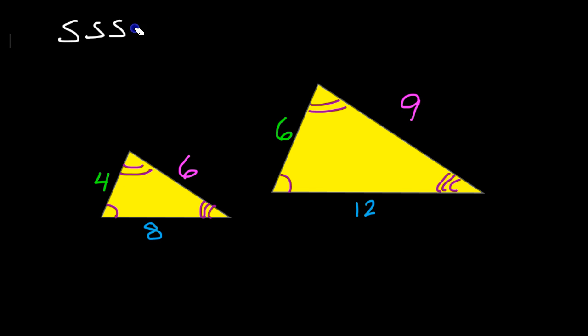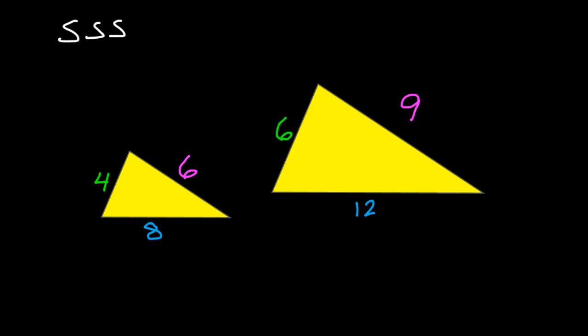Side-side-side refers to the fact that we only need 3 pieces of information. In this case, just the corresponding sides are proportional. So if we know this information, then automatically the triangles are similar, and we can conclude that the angles are also congruent.